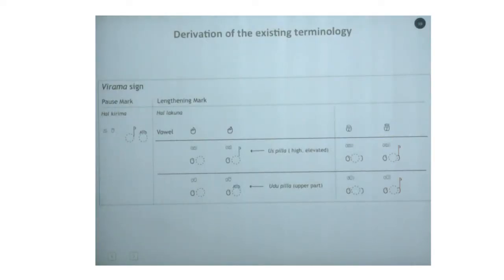So we see the hull sign in the two forms, and how it's named as uspilla, and then the combo in front, the common feature within it, and how the virama sign is placed in certain letters. You cannot just put it on top of a consonant. There is a particular way of doing that.